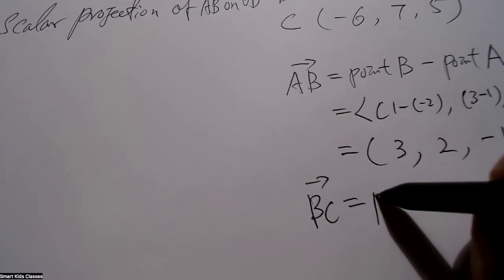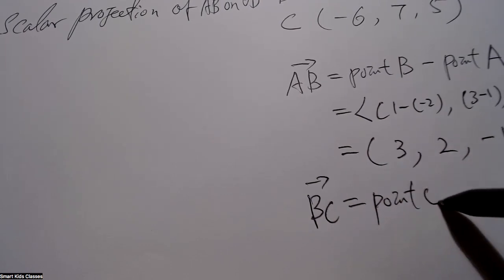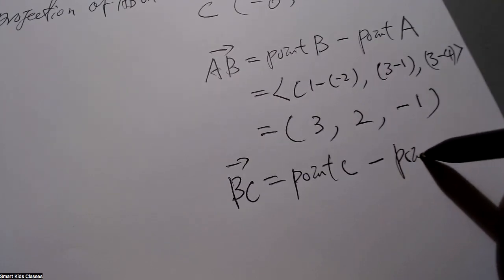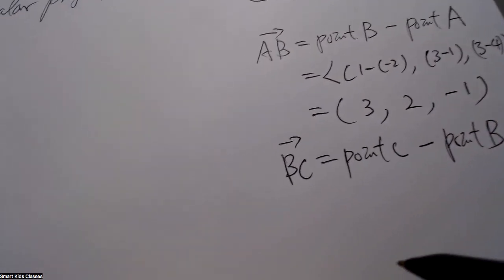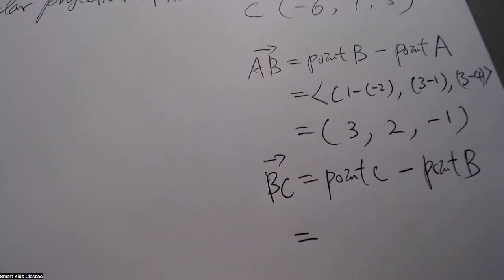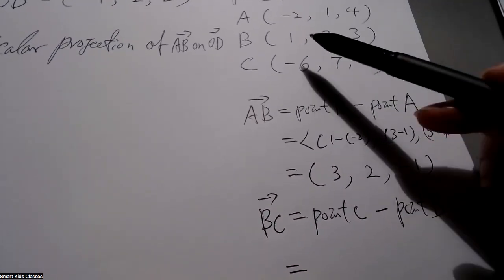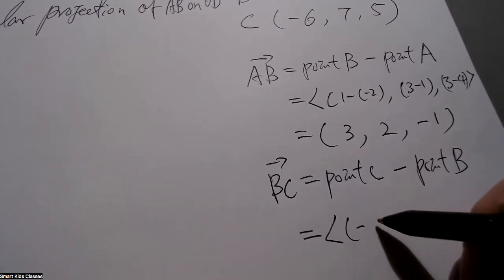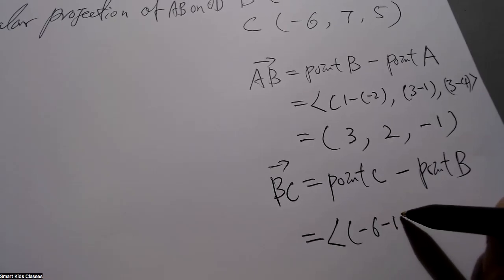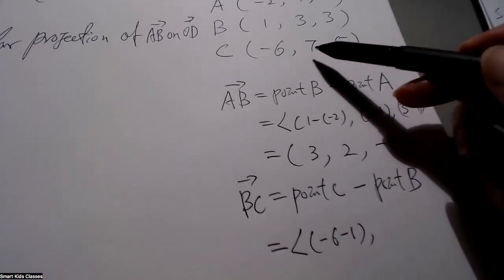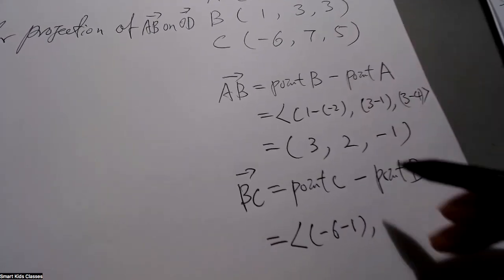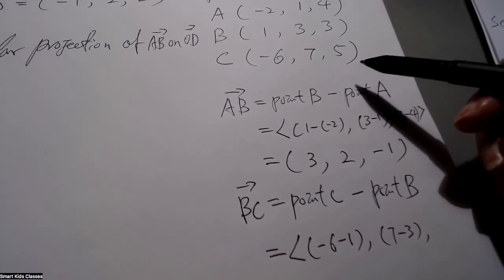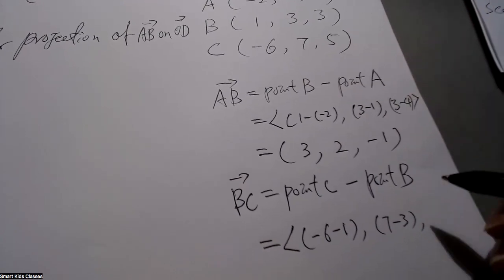So vector BC is equal to point C minus point B. So for X, -6 minus 1, and for Y it will be 7 minus 3, and for Z it will be 5 minus 3.